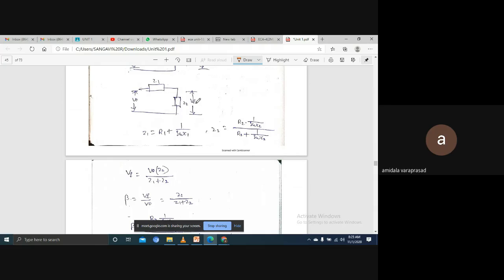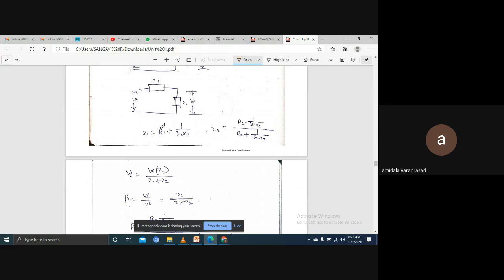I need to find VF. The voltage drop across Z2 is VF equals V0 times Z2 by the total impedance Z1 plus Z2.